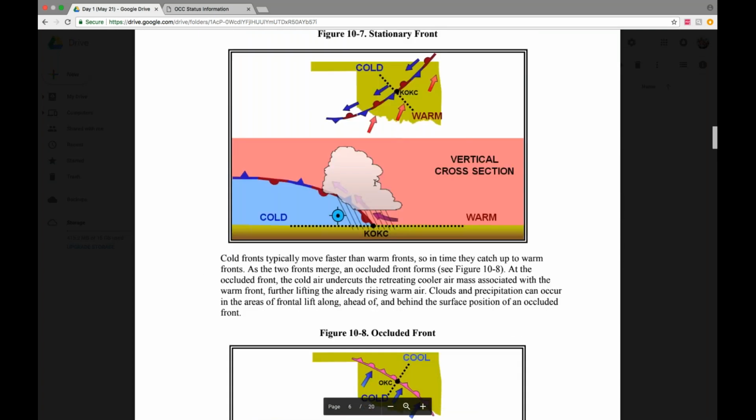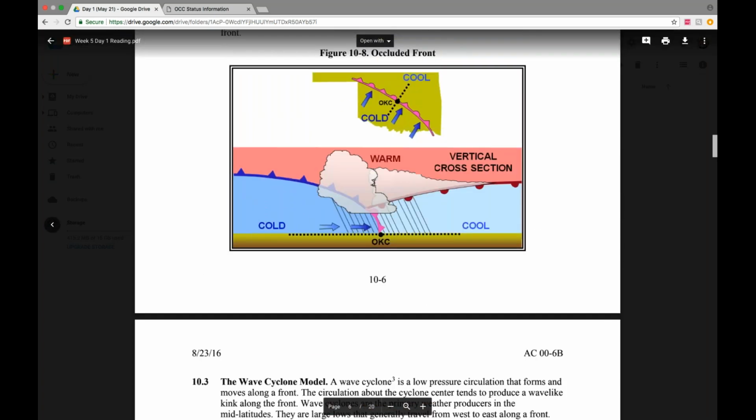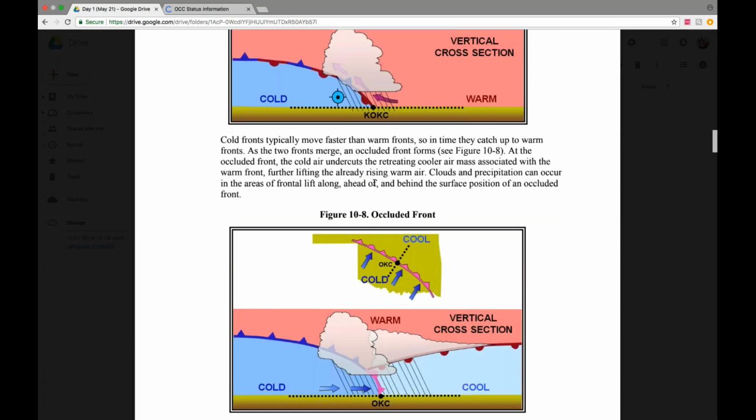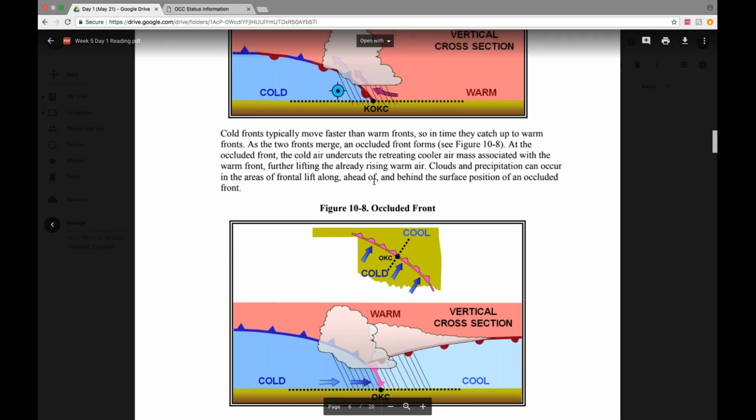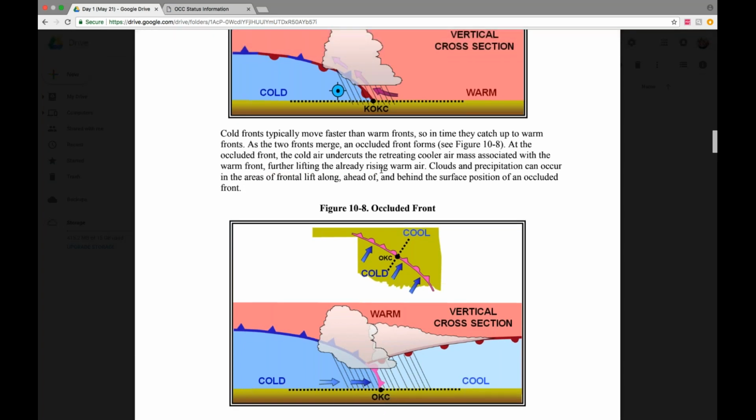So what we have happen, typically when we have these occluded fronts, like it says here, as the two fronts merge, the occluded front forms, and at the occluded front, the cold air undercuts the retreating cooler air mass associated with the warm front, further lifting an already rising warm air.